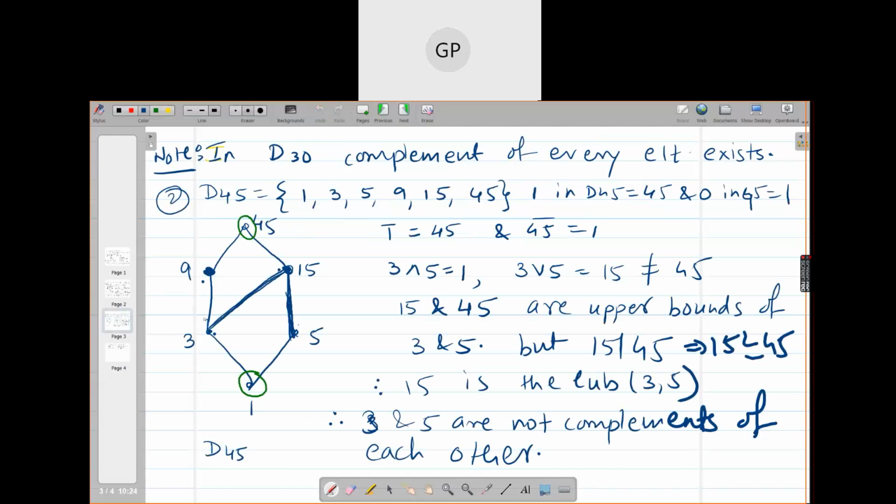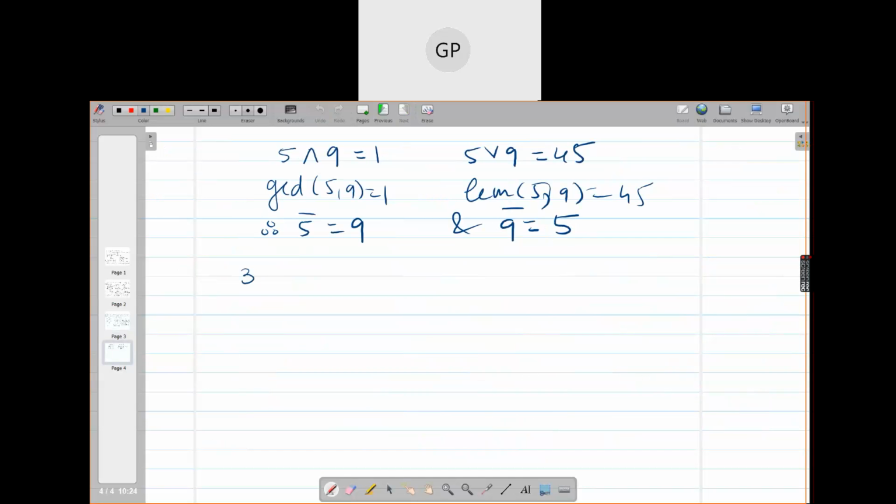No, because look, this number 3 divides 9 also, divides 15 also, and divides 45 of course. So whenever you take 3 meet 9, it is going to be 3. 3 join 9 is 9. 3 meet 15 is 3. 3 join 15 is 15.